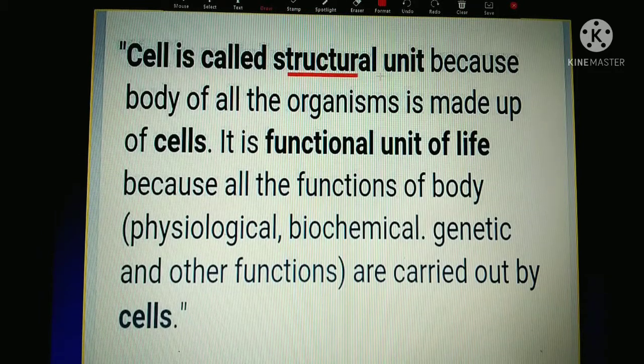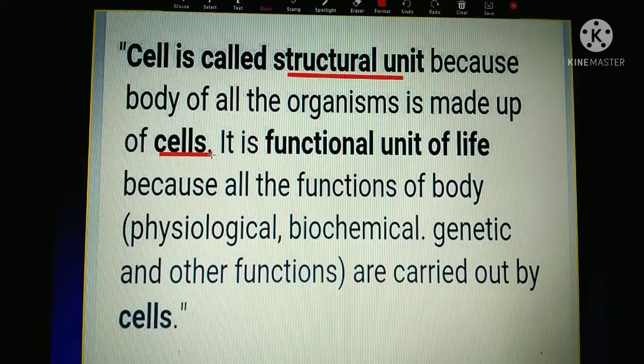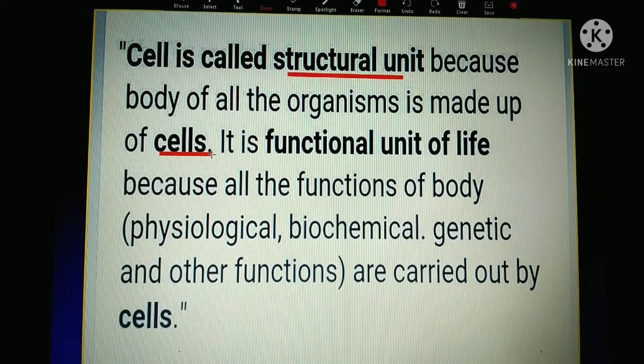The cell is called the structural unit because the body of all organisms is made up of cells. That means it forms the structure of an organism. That is why the cell is called a structural unit.